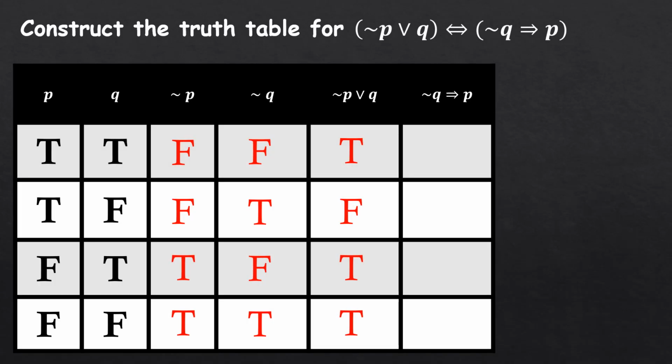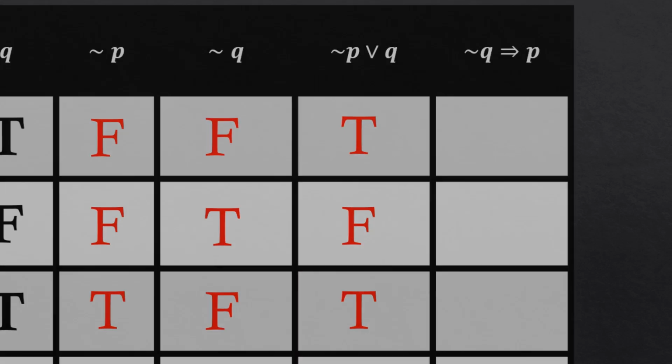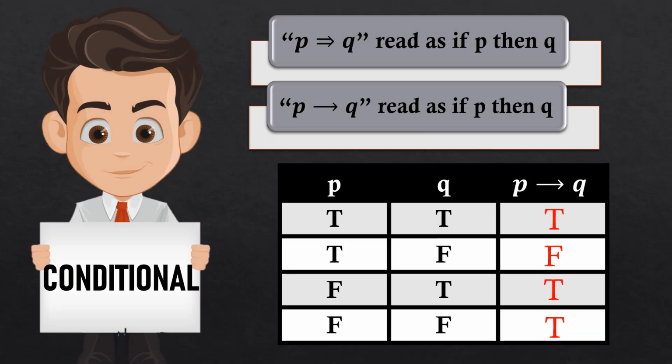Next is to evaluate the term not Q implies P. For conditional statements, if your truth values are T implies T, F implies T, or F implies F, the answer will be true.